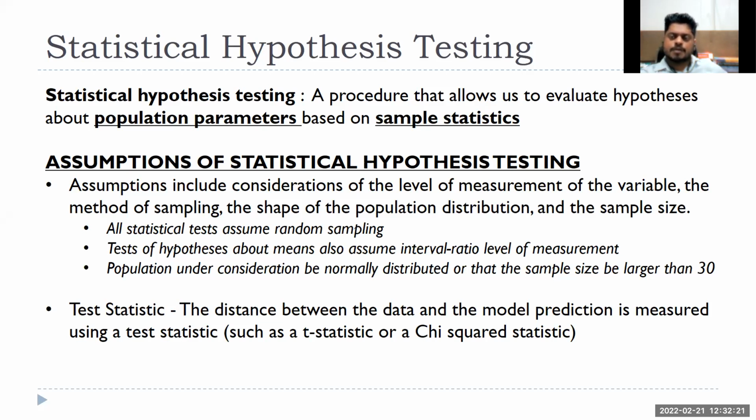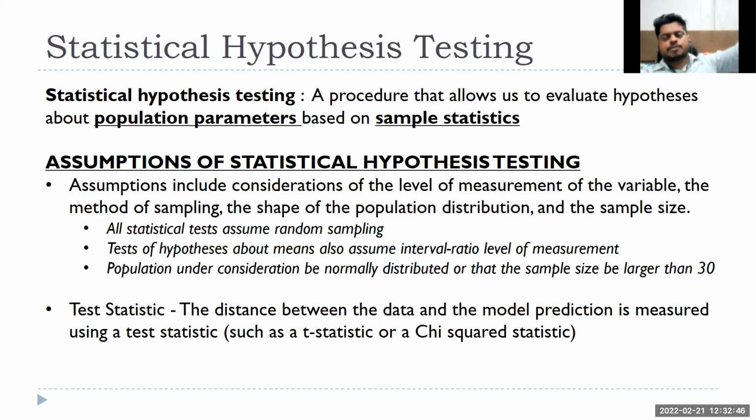It doesn't matter, because anyhow I do not know what kind of distribution my population has. As long as for the continuous data I'm collecting the sample size is greater than 30, I am 100% guaranteed that the sampling distribution, the theoretical distribution of sample means, will be a normal distribution, and that is what I'm interested in, right?